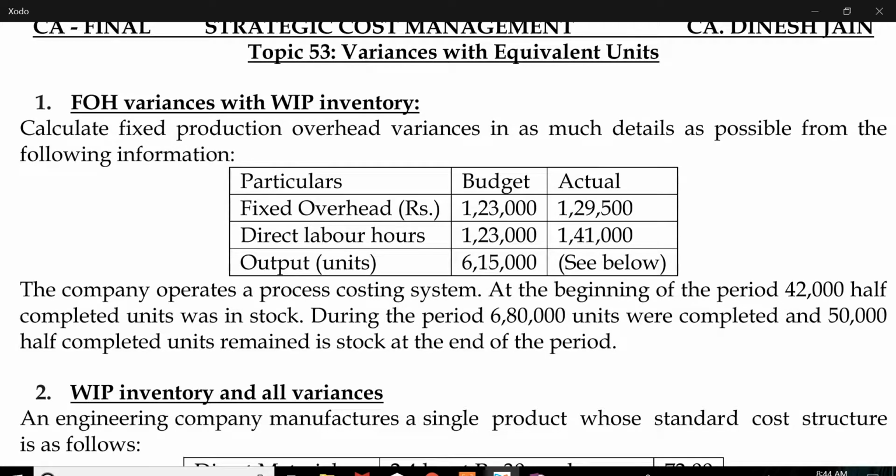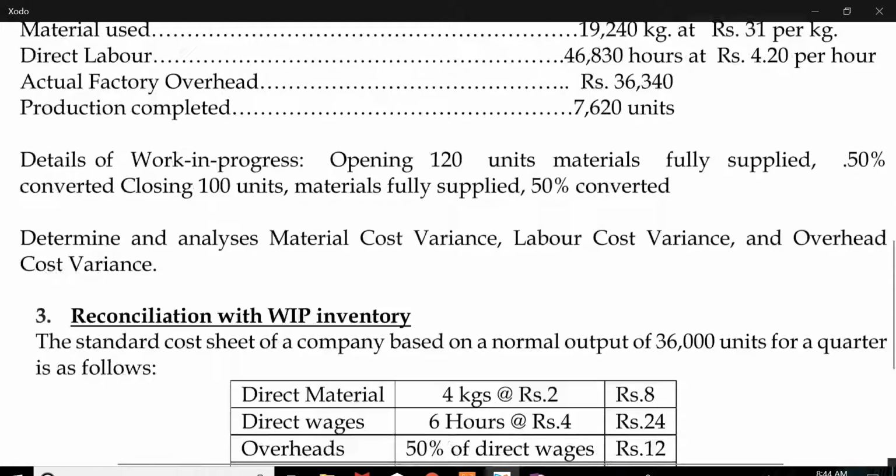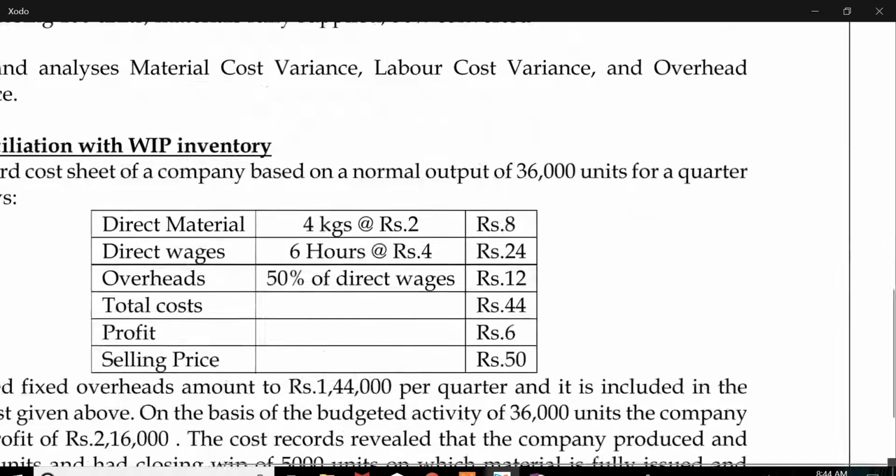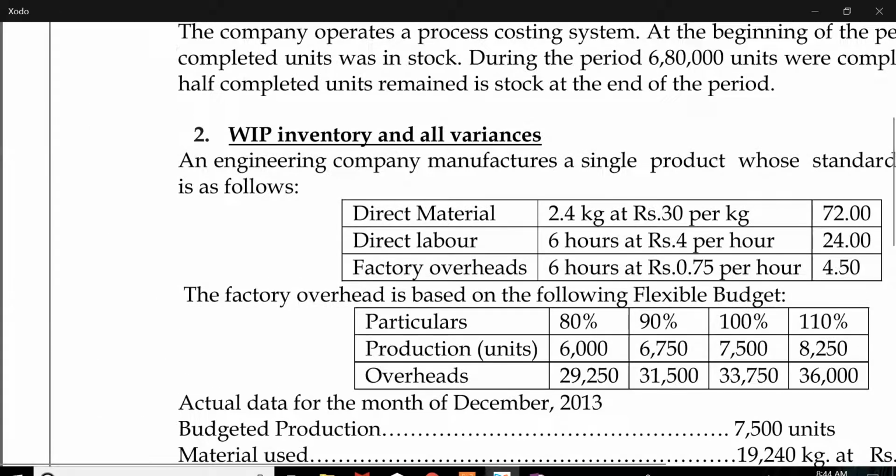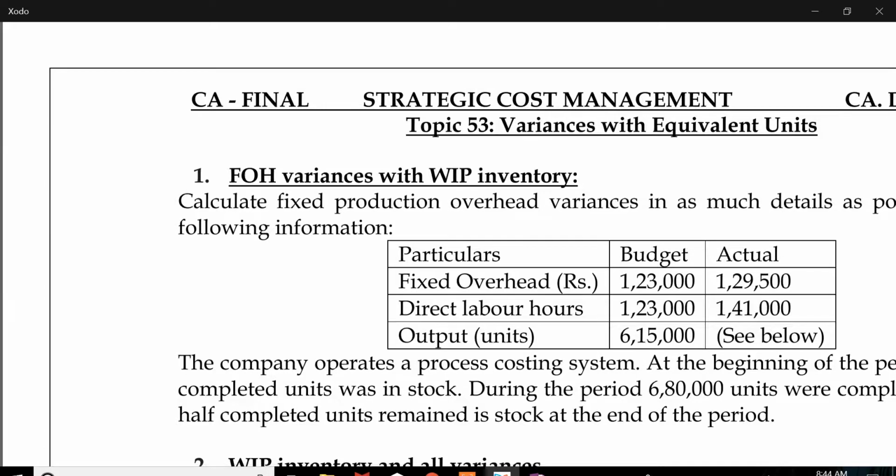My starting point is calculation of equivalent units. I start with that and then I get to the balance part. Some reading of your process costing will help you in this chapter, because in the next part there are going to be comprehensive problems on this itself. So it will help if you are a little clear on what happens in standard costing and what happens in process costing. So let's start.